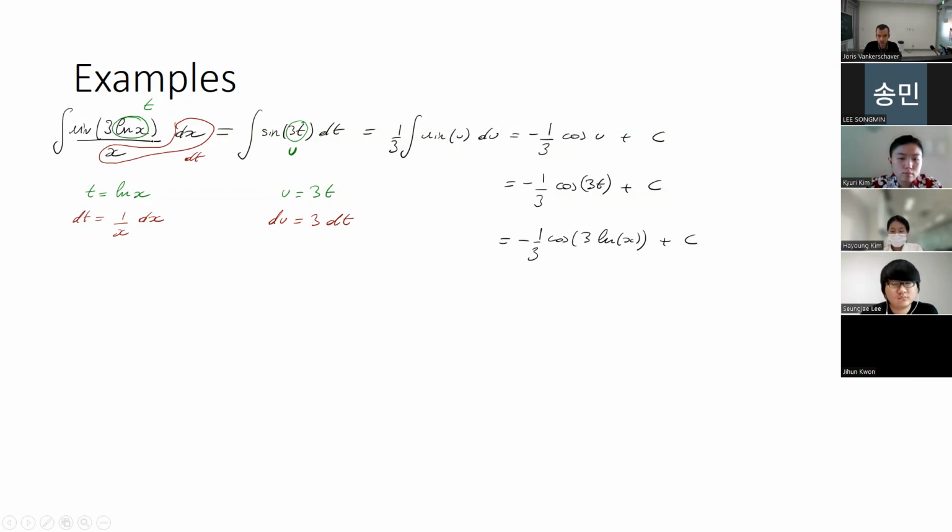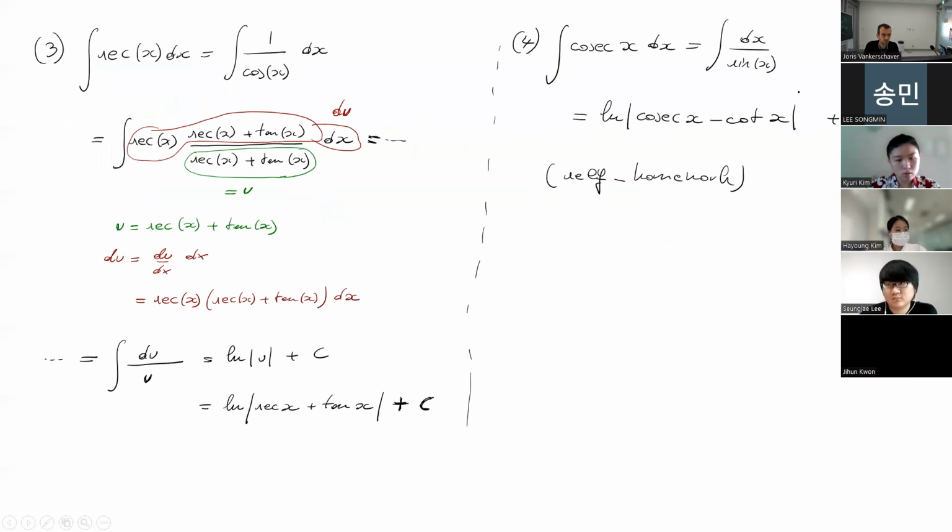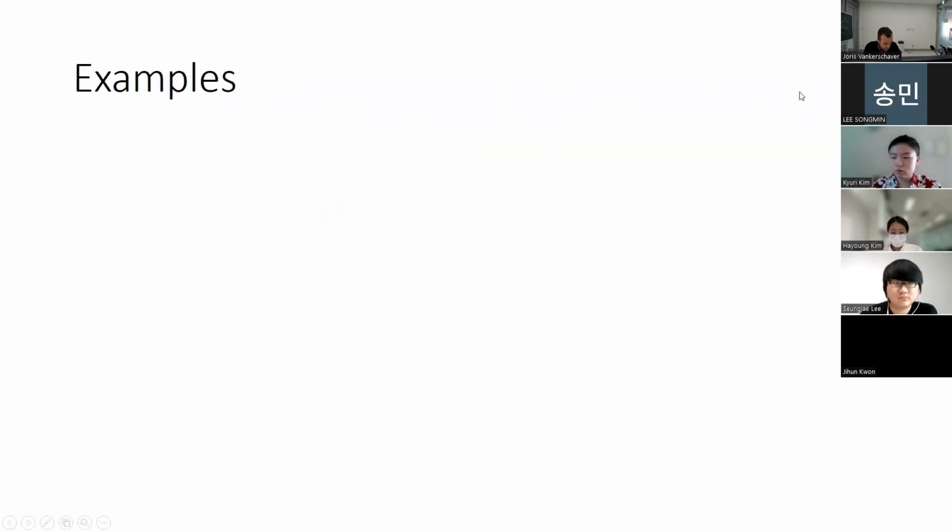So with that, let's scroll forward to what we were doing at the end of Monday. We were looking at trigonometric integration, where we basically substitute with the trigonometric function. And we already did a few examples, some easy, some not so easy. So let's do a few more examples.